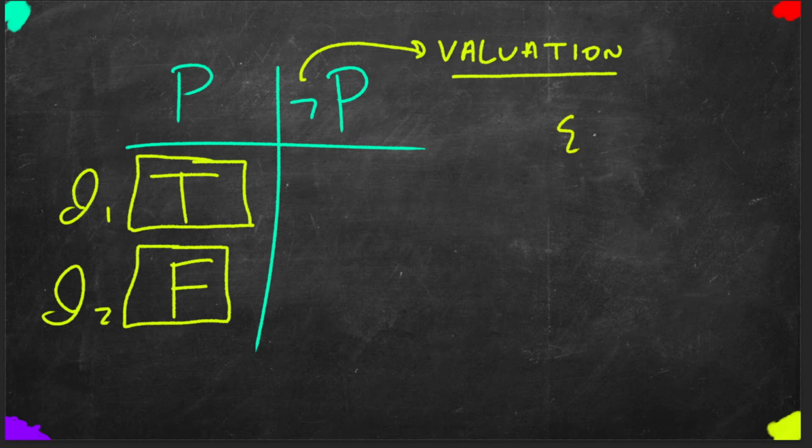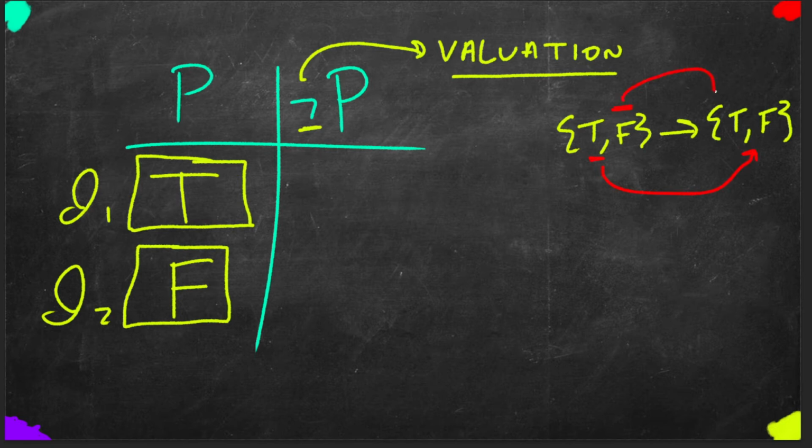It says that if you give me a truth value, T or F, I am going to give you another one and only one truth value. So in the case of negation here, it does what you probably already know it does. If you give me a value of true, then I'm going to deliver you a value of false. Or if you give me a value of false, then I'm going to output a value of true.